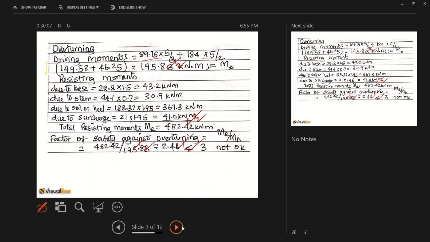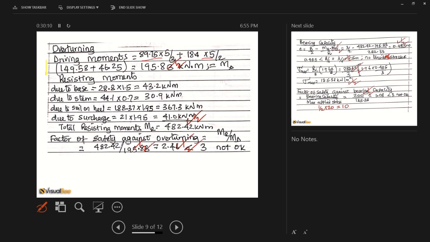Okay, so the moment, so 28, I think there's some error there. Okay, so this is for the part B, and this is the part A, and this is from the soil, and this is due to the UDL.